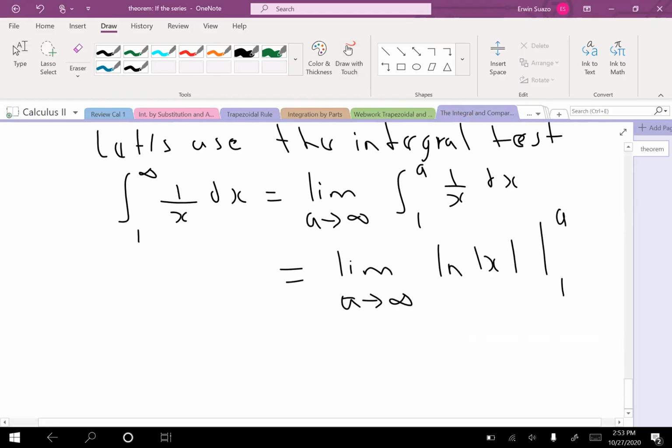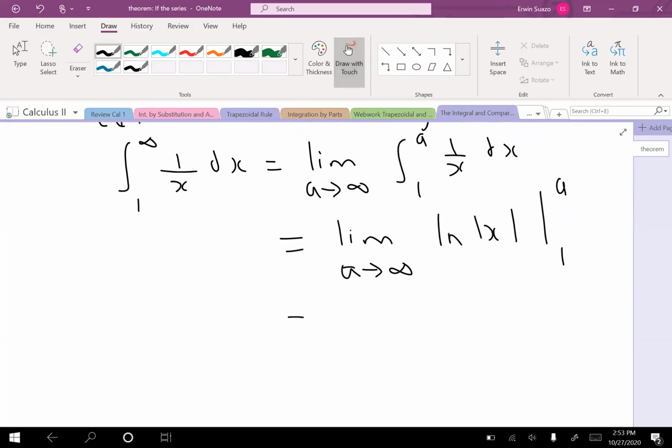So when I plug in a and plug in 1, I just get the limit as a goes to infinity of ln of absolute value of a. And what is this? ln of infinity. And what is that?